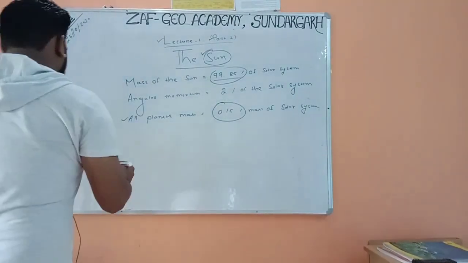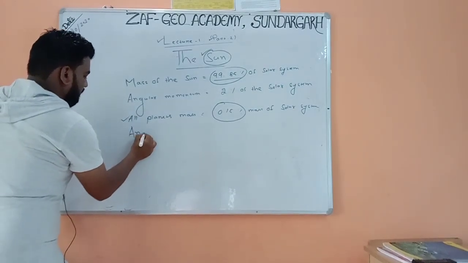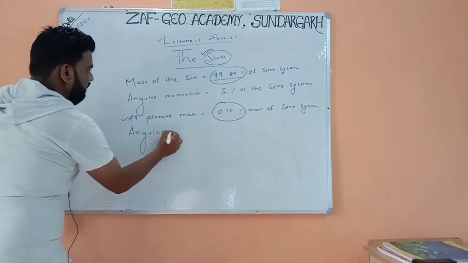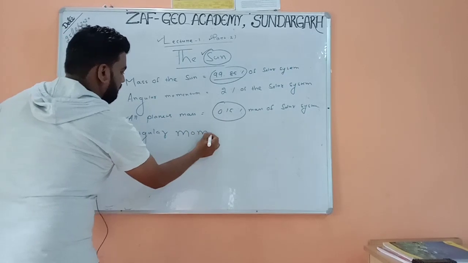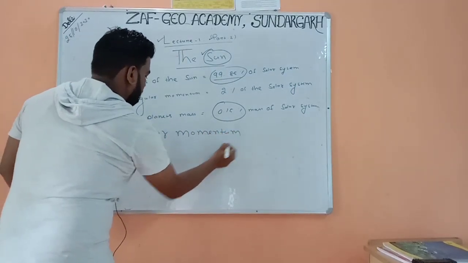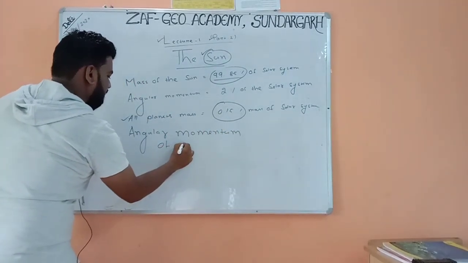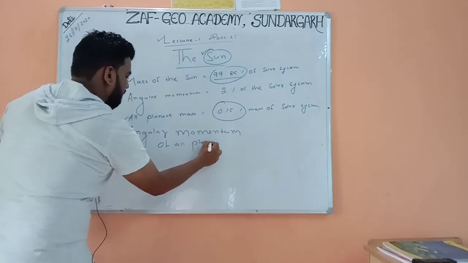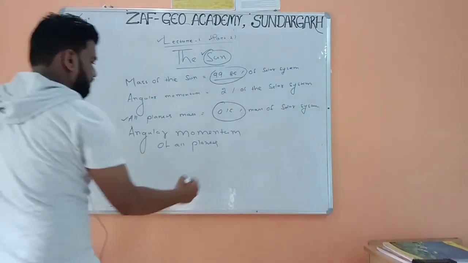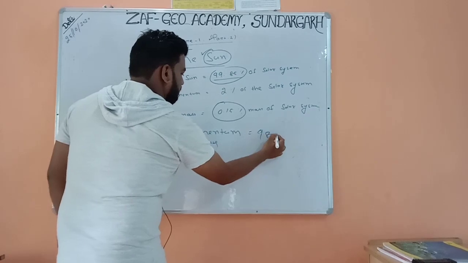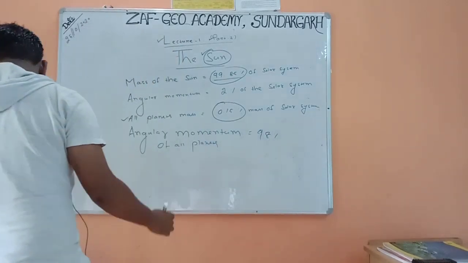Next, the angular momentum of all planets is 98% of the solar system.